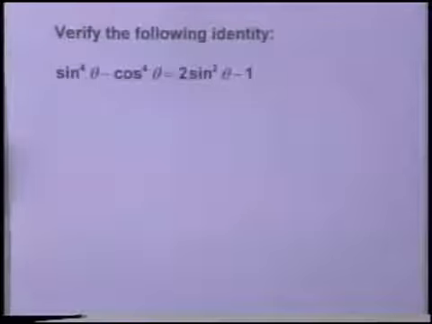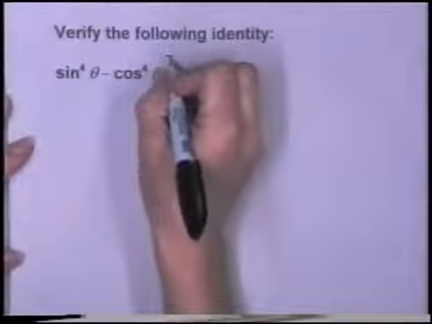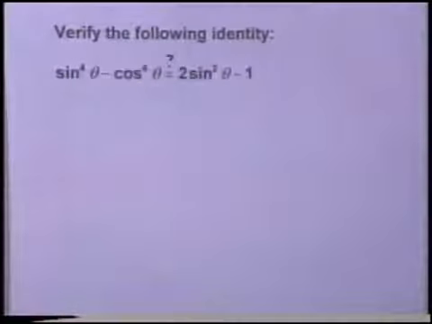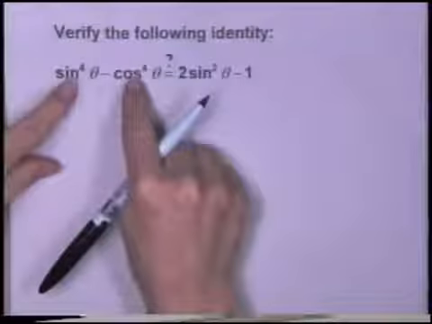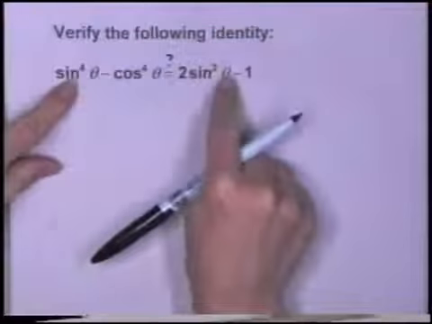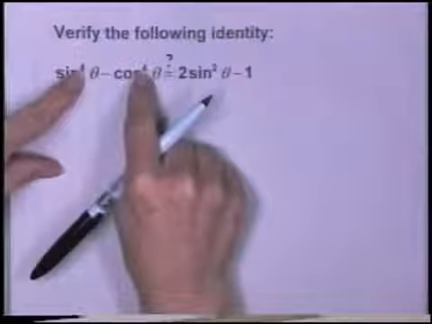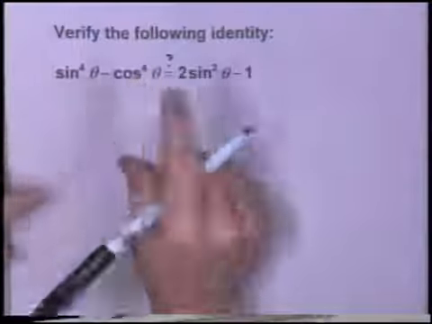Verify the following identity: sine to the 4th theta minus cosine to the 4th theta equals 2 sine squared theta minus 1. Of course, again, we're still asking, is this true or not? Now, in analyzing my two sides here, I would consider this side to be more complicated than this one because it has higher powers on it.